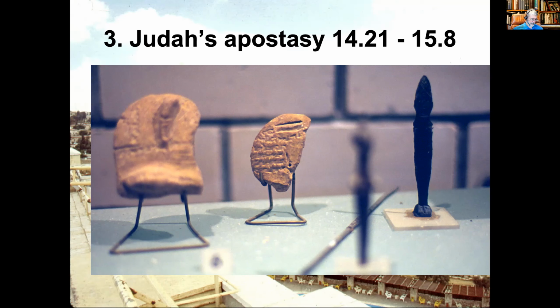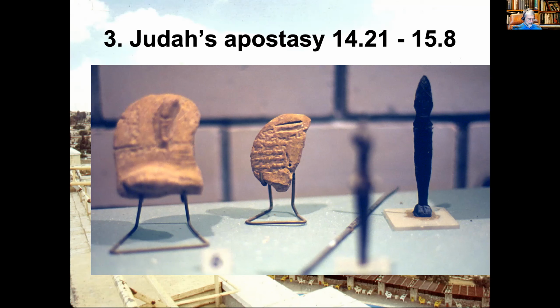As we get into chapter 15, we get some more kings of Judah. Abijam began to reign over Judah in the 18th year of King Jeroboam of the north, and Abijam reigned for 3 years. His mother was Maacah, and he walked in all the sins of his father Rehoboam.